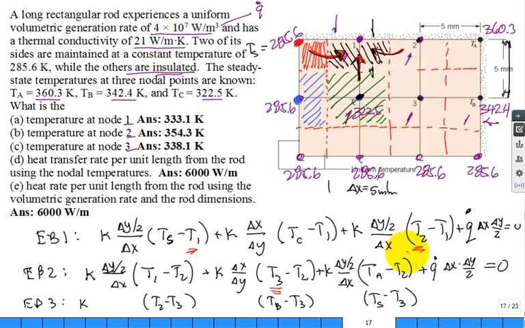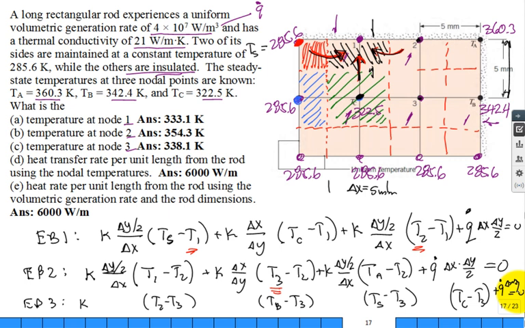And I can come from C into 3. So I'm going to have 4 conductions plus my source term, which I didn't leave enough room for, Q dot times delta X delta Y, and all of that is equal to 0. Hopefully you follow that. Sorry, I'm running out of real estate.